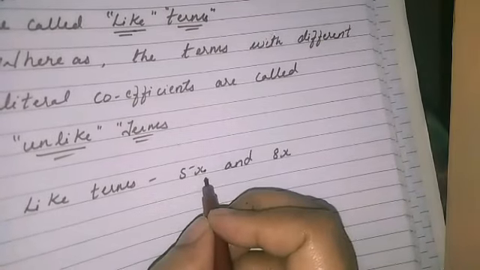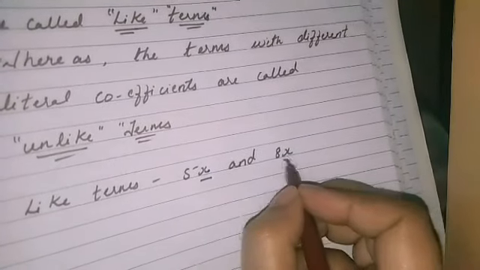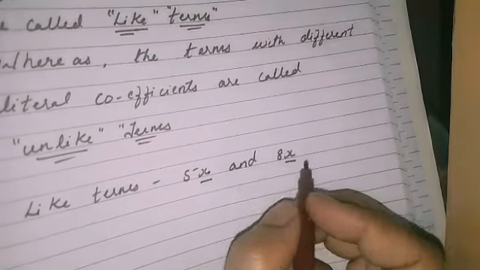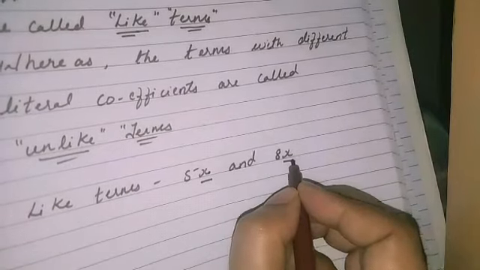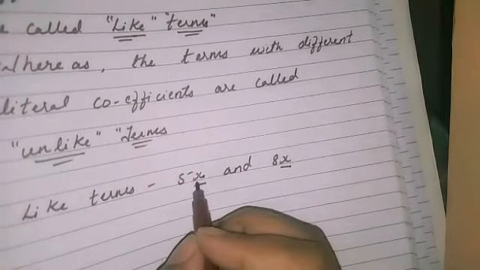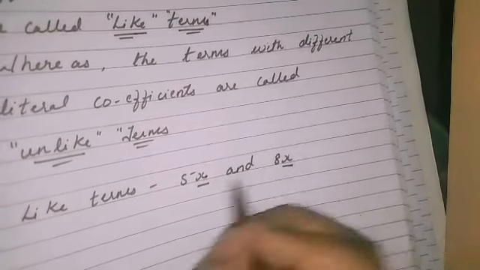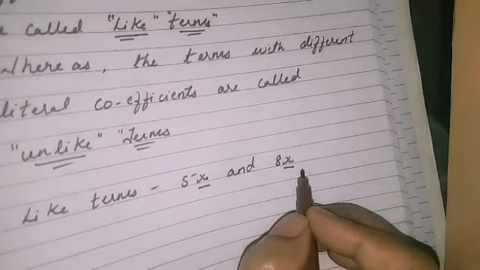What do we see here? These are the literal coefficients, which are also called the alphabetic letters. The coefficient of 5 is x, the coefficient of 8 is also x. So the literal coefficients of 5 and 8 are x.